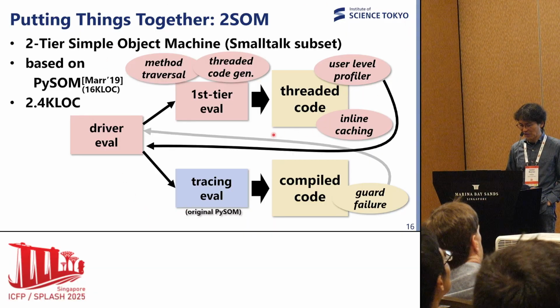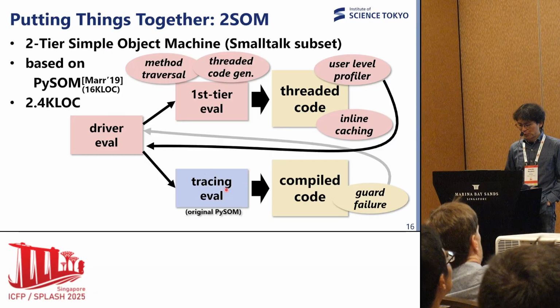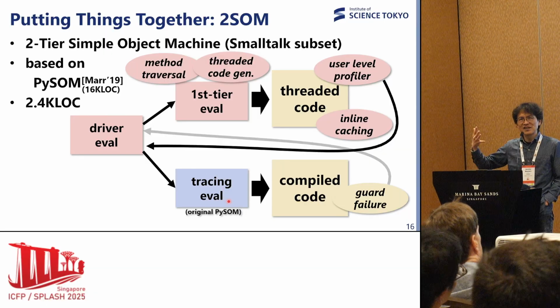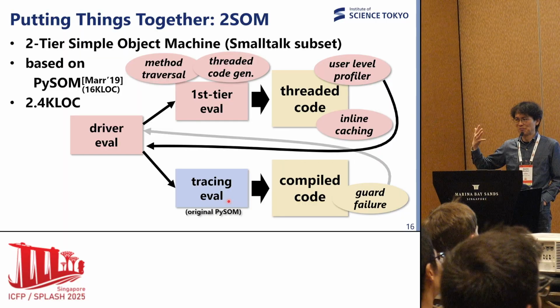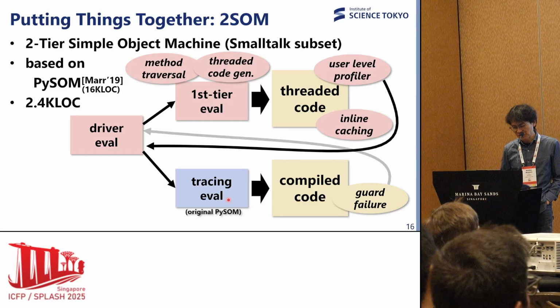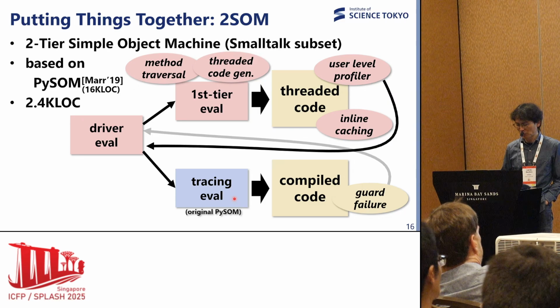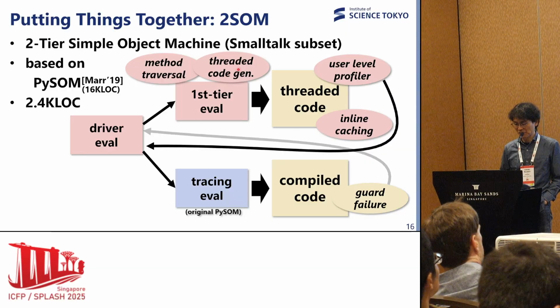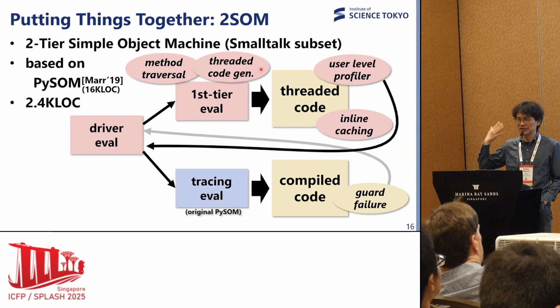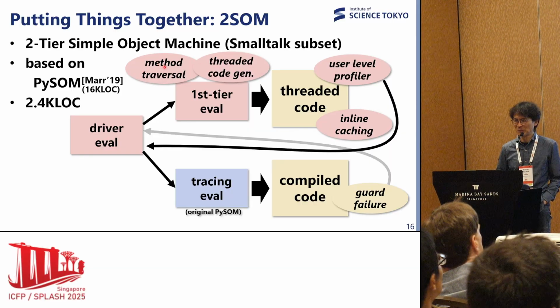like in this figure. This blue box is the original SOM implementation, which was around 16 kilolines of code, and we added the first tier evaluator, which implemented the threaded code generation and also a method traversal mechanism.